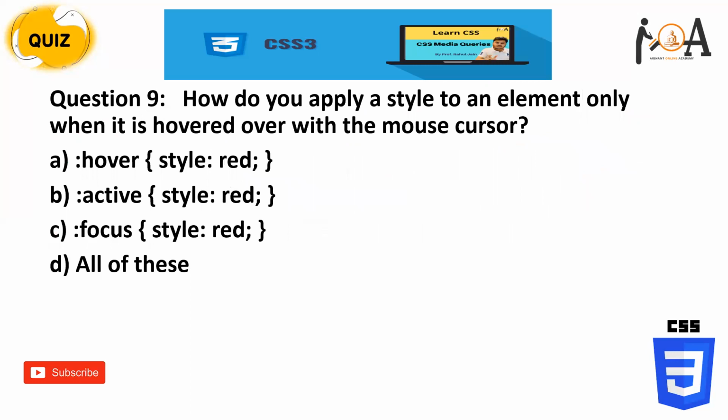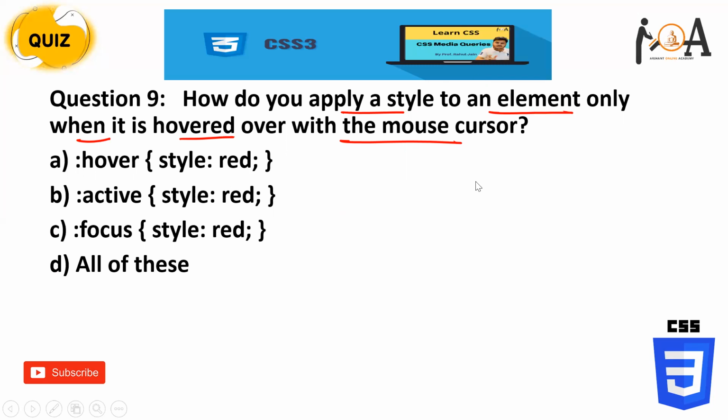Question number 9. How do you apply a style to an element only when it is hovered over with the mouse cursor? Very good question. Let's say this is a mouse, and you move this mouse to a particular element, which should be seen in red when you hover the mouse over it, right?